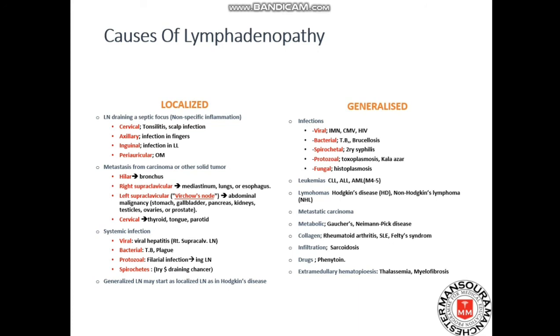Leukemias as chronic lymphocytic leukemia, acute lymphoblastic leukemia, and acute myeloid leukemia, especially M4-5. Lymphomas as Hodgkin disease, non-Hodgkin lymphoma, metastatic carcinoma, metabolic as Gaucher and Niemann-Pick disease, and collagen disease in rheumatoid arthritis, systemic lupus erythematosus, Felty syndrome, infiltration sarcoidosis, and drugs as phenytoin, extramedullary hematopoiesis in thalassemia and myelofibrosis.